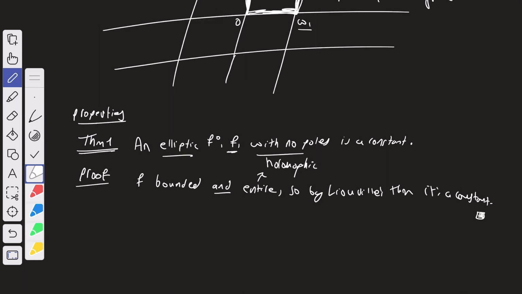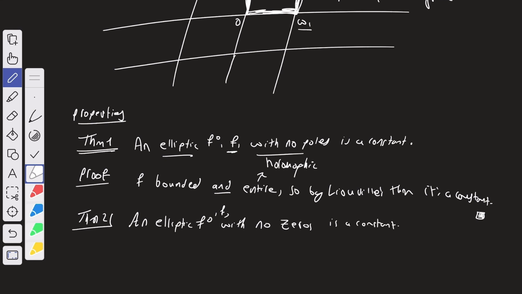Now, interestingly enough, we have a symmetric theorem, which is: an elliptic function, let's call it f, with no zeros is also a constant.